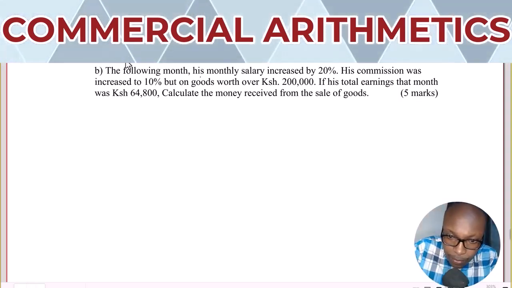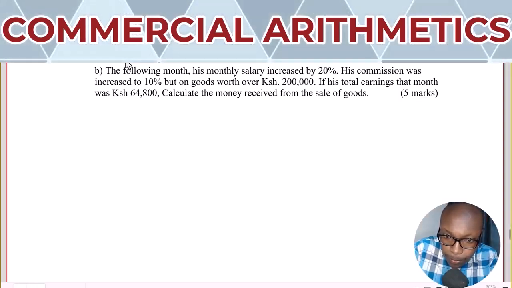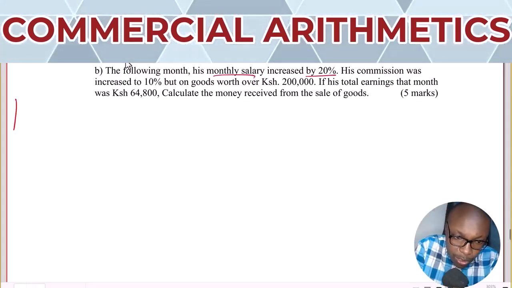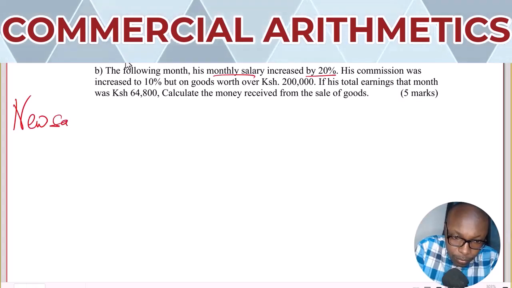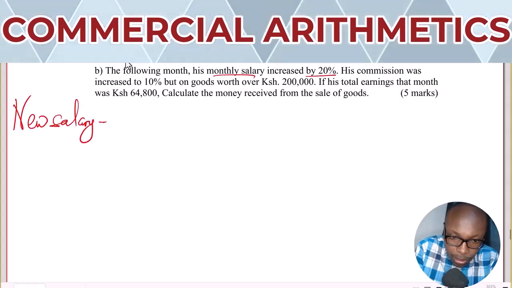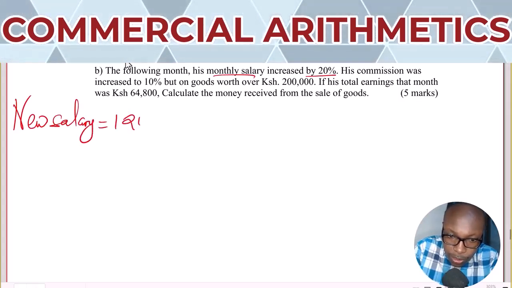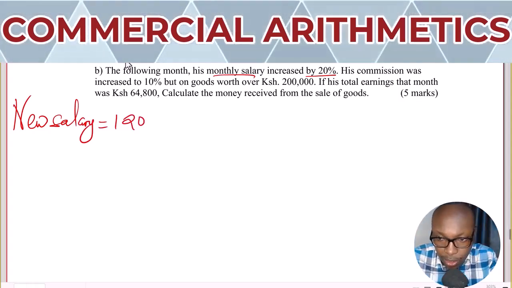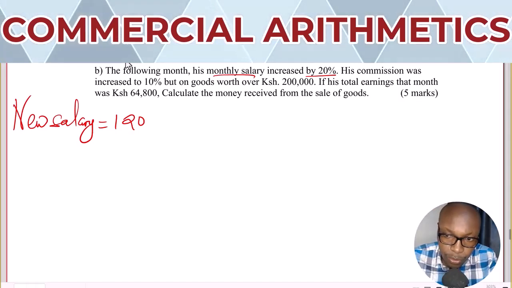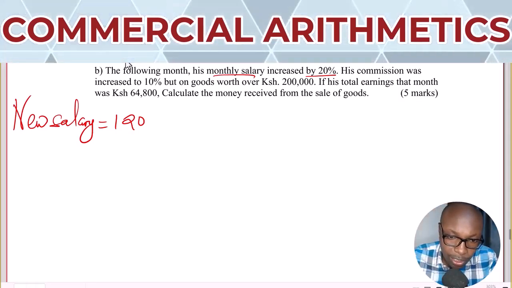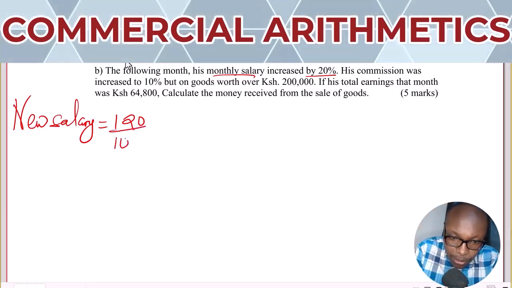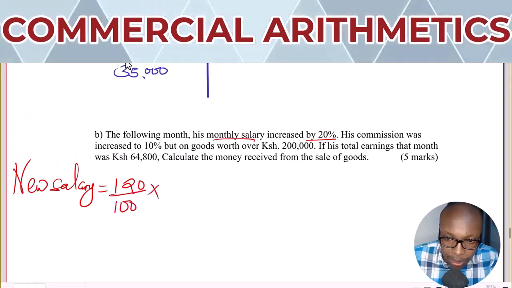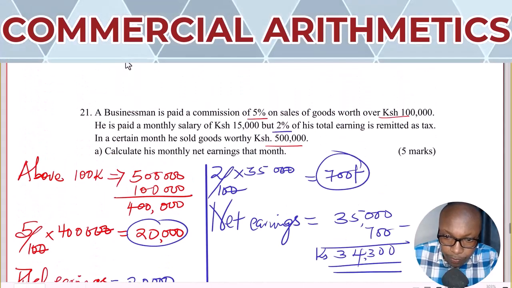So the first statement here, he got an increase of pay. The monthly salary was increased by 20%. So what would be the new salary? The new salary would be 120%, because it was increased from 100% by 20%. That is 120 over 100 multiplied by the monthly salary, which was 15,000.